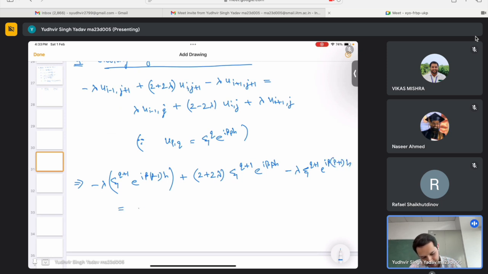And similarly, for the right-hand side, we will have λ ξ^q e^(iβ(p−1)h) + (2 − 2λ) ξ^q e^(iβph) + λ ξ^q e^(iβ(p+1)h).